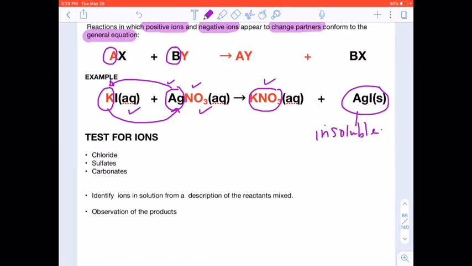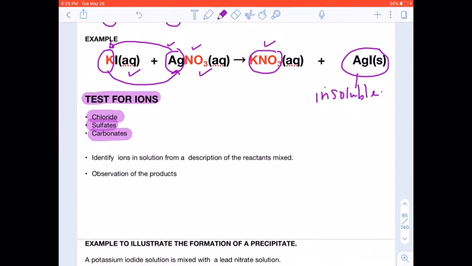Right, now let's look at the test for ions. We're going to look at how we test for chloride ions, how we test for sulfate ions, and how we test for carbonate ions. So the first thing we need to do is identify the ions from a description of the reactants mixed.